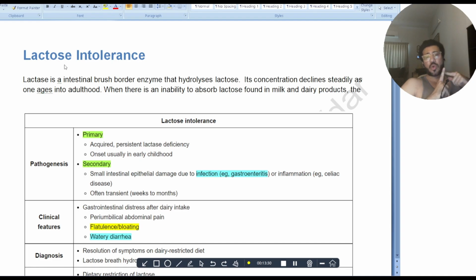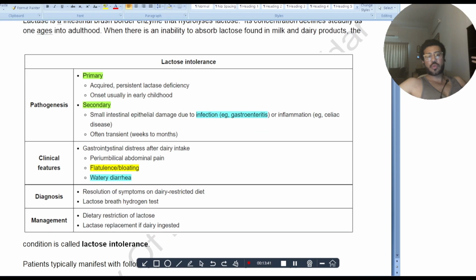So you get bloating, pain, flatulence, and diarrhea after dairy intake, specifically milk. That's the primary one, the acquired one.